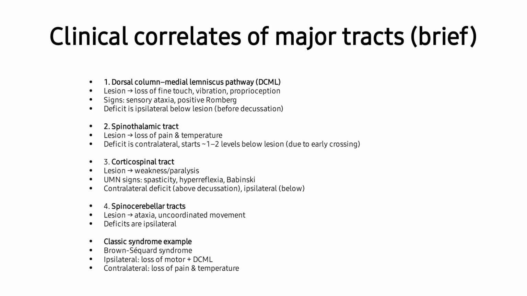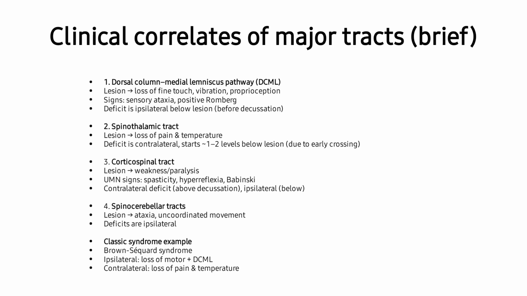This is the last part that was included there that I thought was important. Are the clinical correlates of what? The major tracts. So the clinical correlates of the major tracts comes as a result of you understanding how the fibers ascend. Okay. So like involvement of the DCML, a lesion will lead to what?